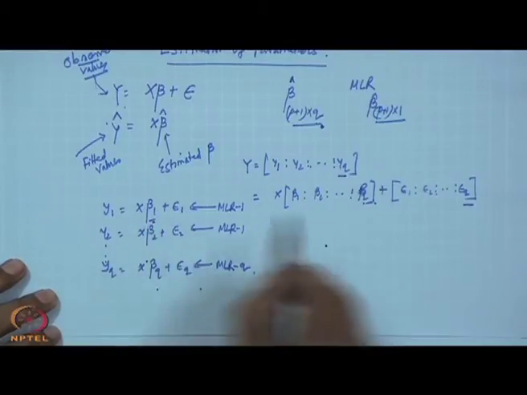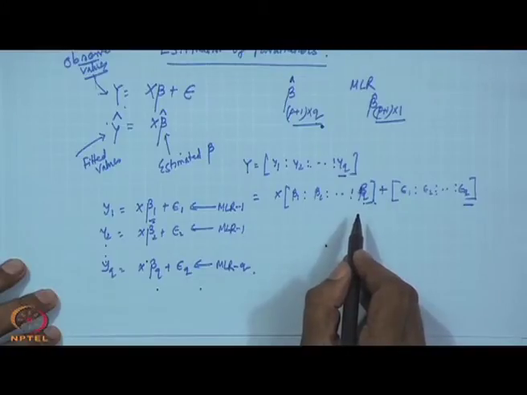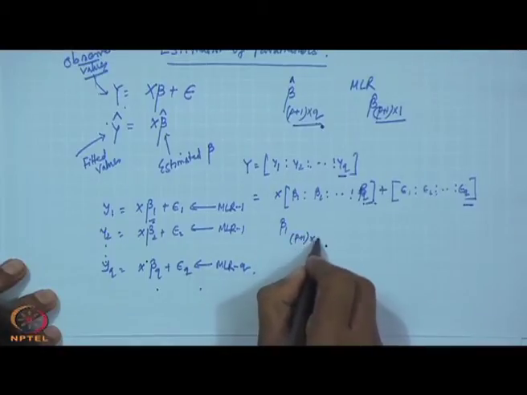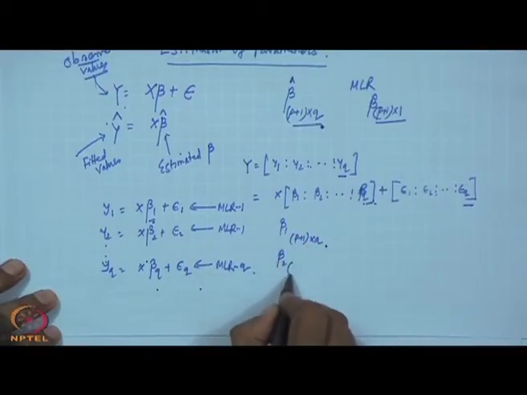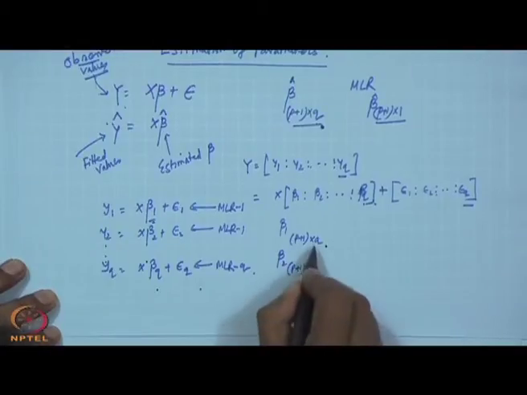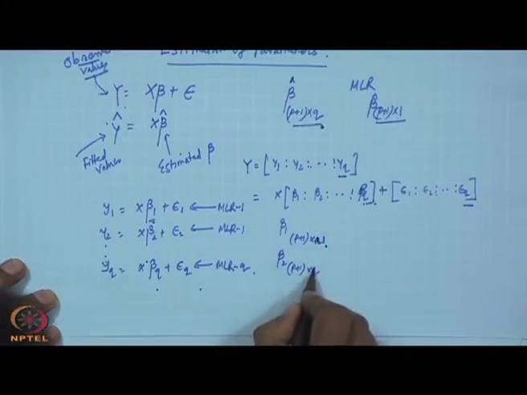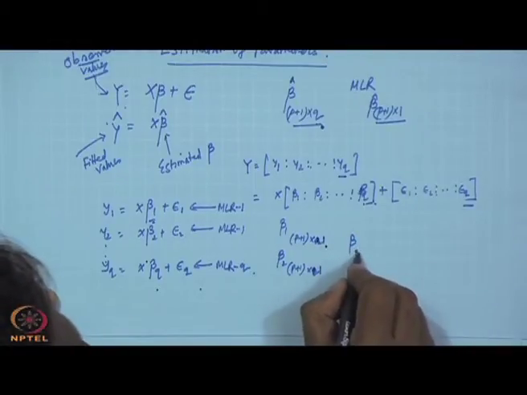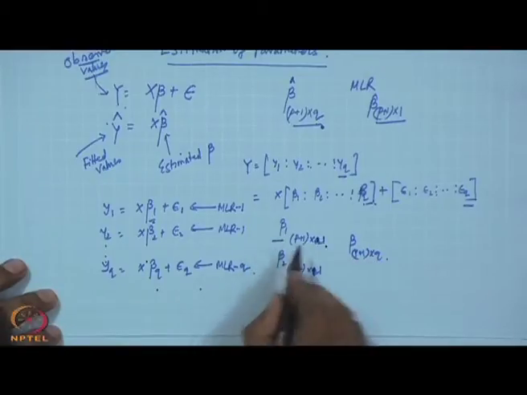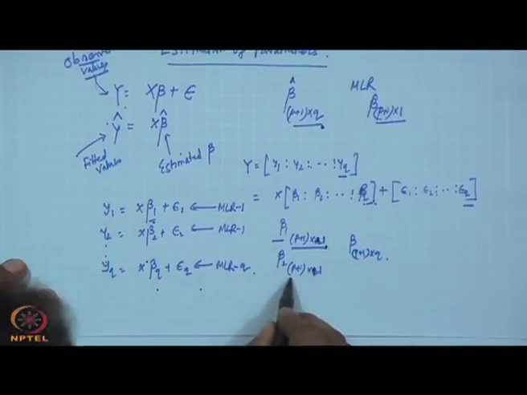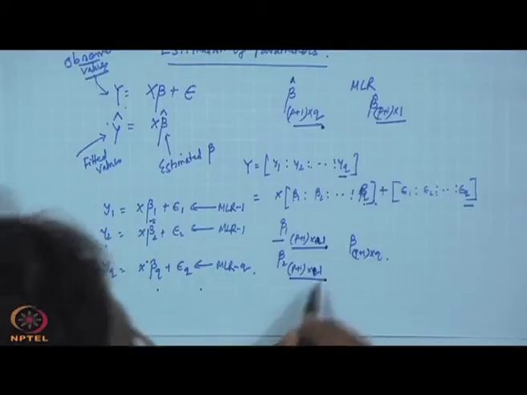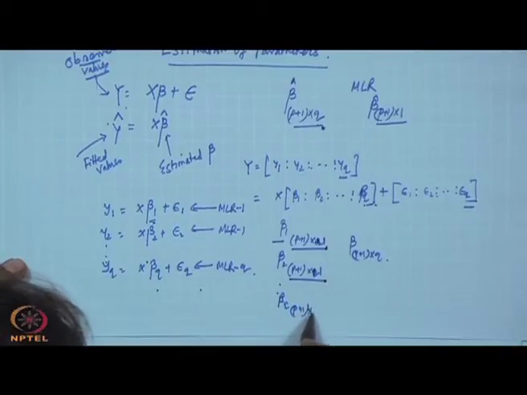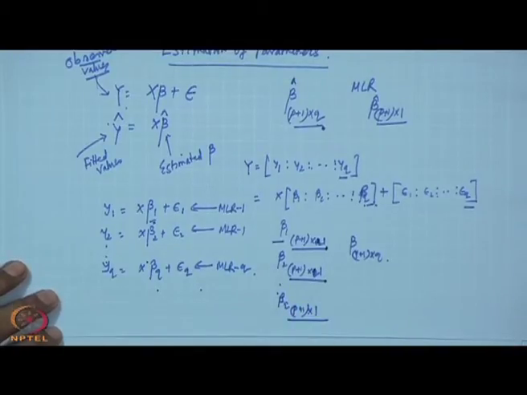Please remember, beta in a nutshell is (p plus 1) cross q, but beta 1 is (p plus 1) cross 1, beta 2 is (p plus 1) cross 1, like this, beta q is also a (p plus 1) cross 1 vector.